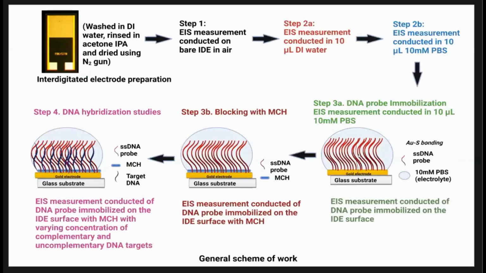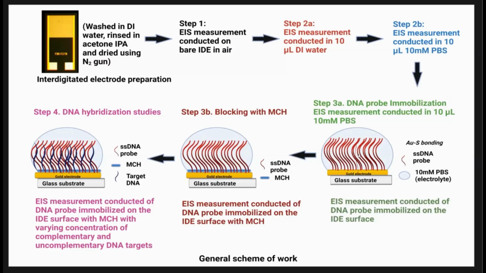So this is the general scheme of my work. I have gold interdigitated electrodes which are fabricated. Basic characterization of the electrodes is done, and a very specific DNA molecule is immobilized on the gold electrode using thiol-gold covalent bonding. Unwanted sites are blocked with mercaptohexanol, and my sample is dropped on the functionalized electrode.